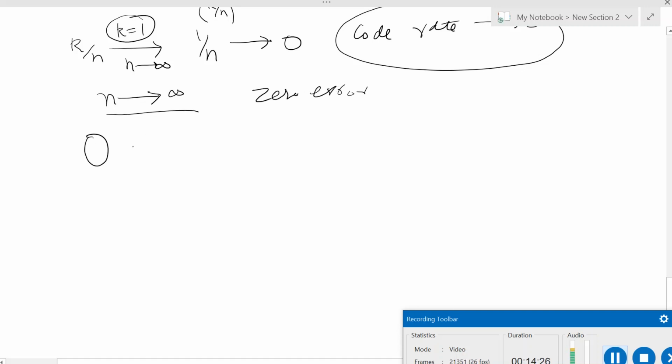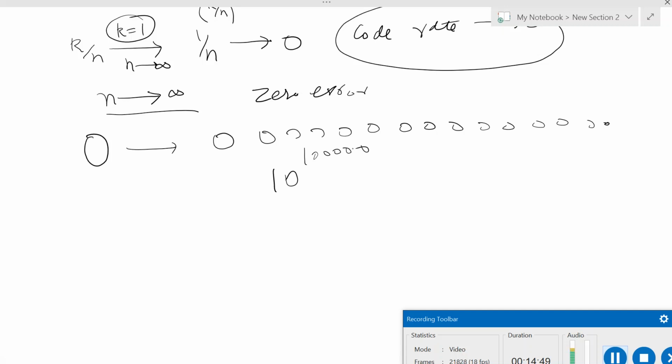Suppose instead of 0, you are transmitting infinite zeros. It is very, very unlikely that the channel is so bad that it will change all the zeros to 1, right? Especially suppose you take 10 to the power 1000 zeros you transmit for 1 bit. It is very unlikely even half of the bits change to 1.